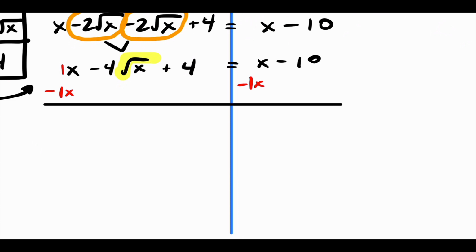There's no squareds. I don't have any squareds, so I'm not going to worry about that. So it's not going to be a binomial or a trinomial. So 1x minus 1x becomes 0.